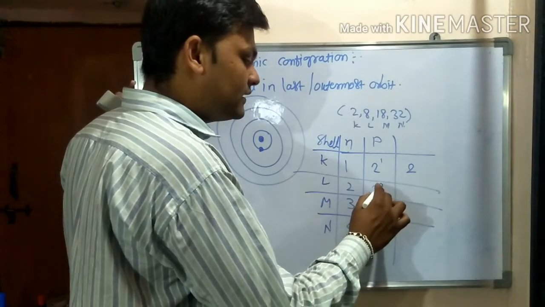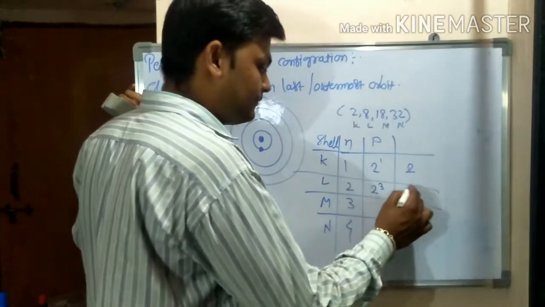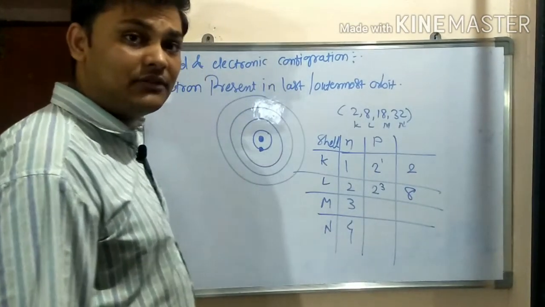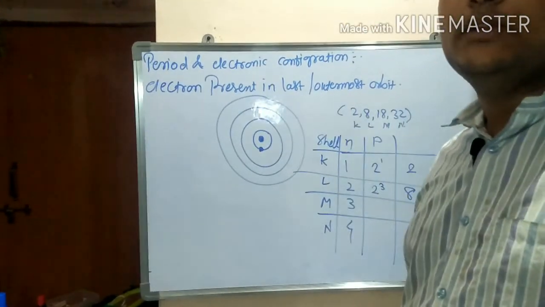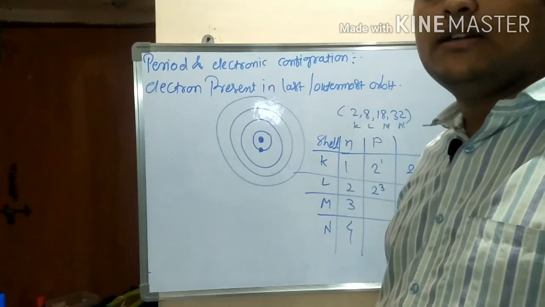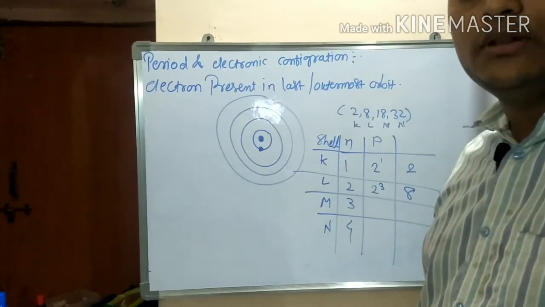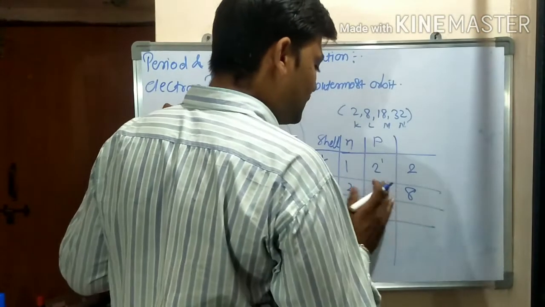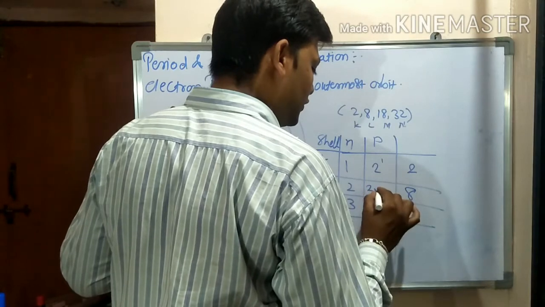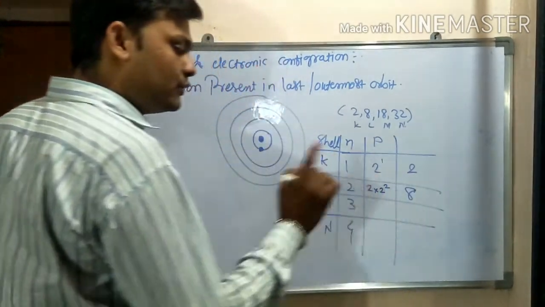For the second shell, 2 into 2 to the power 2: 2 into 4 is 8. For the next shell, we multiply 2 with the square of its number.